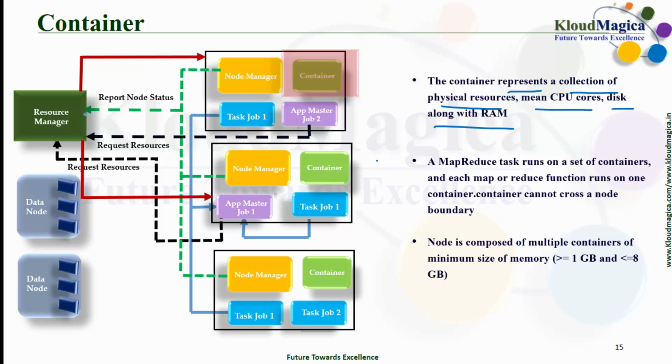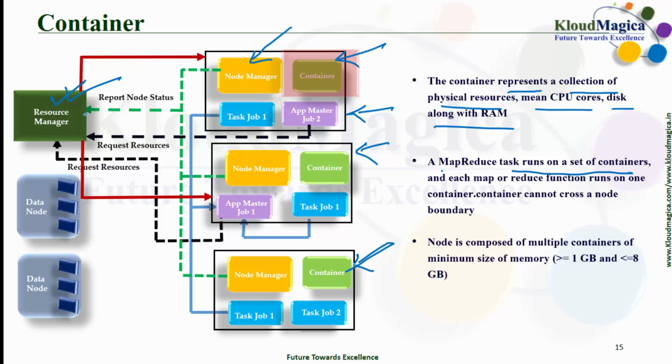A container is supervised or controlled by the node manager and scheduled by the resource manager. A MapReduce task runs on a set of containers, and each map or reduce function runs on one container.